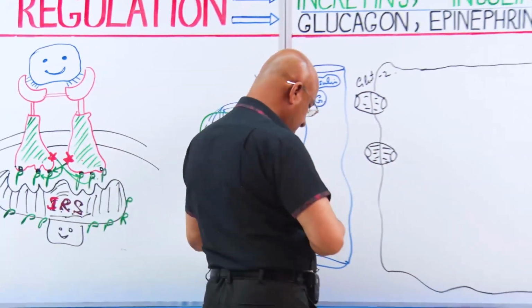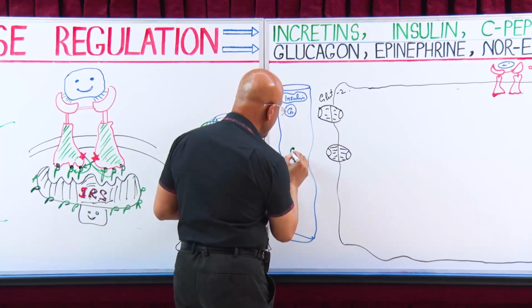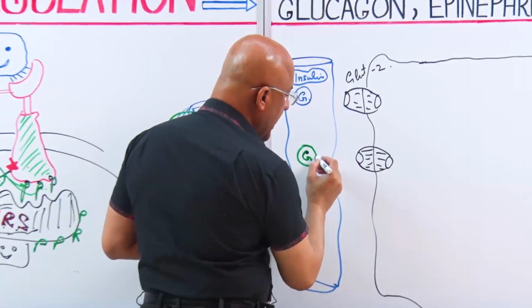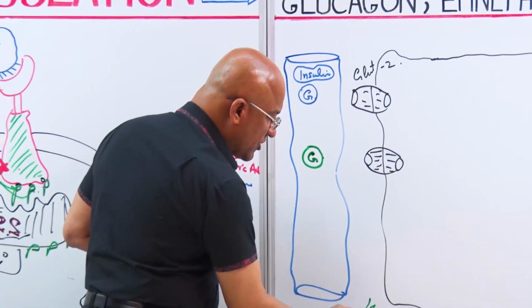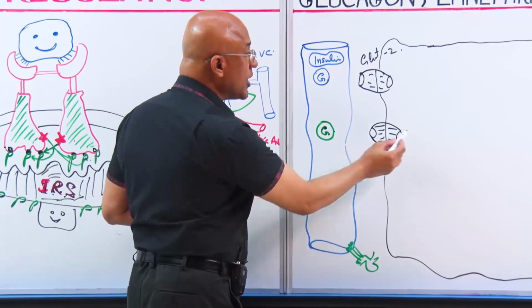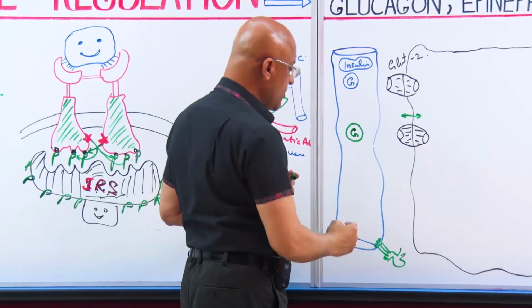So what will happen, here is your beautiful glucose molecule. When it is passing by, from the gastrointestinal system a very high concentration of glucose is coming, and GLUT2 works two ways, from high concentration to low.